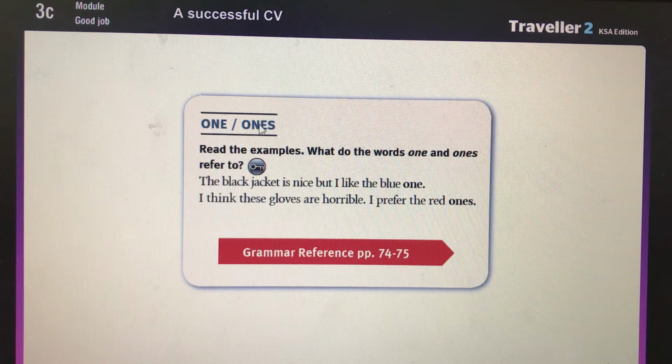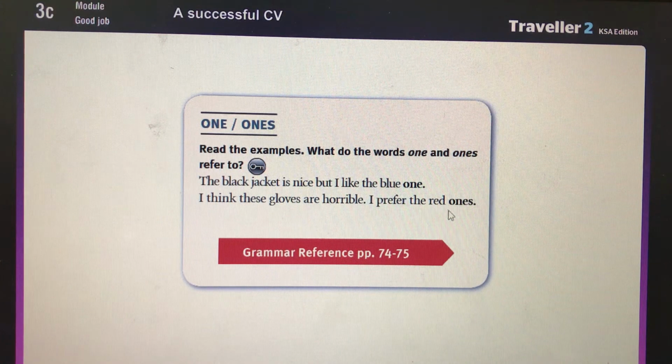One and ones. Read the examples. What do the words one and ones refer to? The first example. The black jacket is nice, but I like the blue one. Here one means jacket. The black jacket, the blue one, the blue jacket. I think these gloves are horrible.